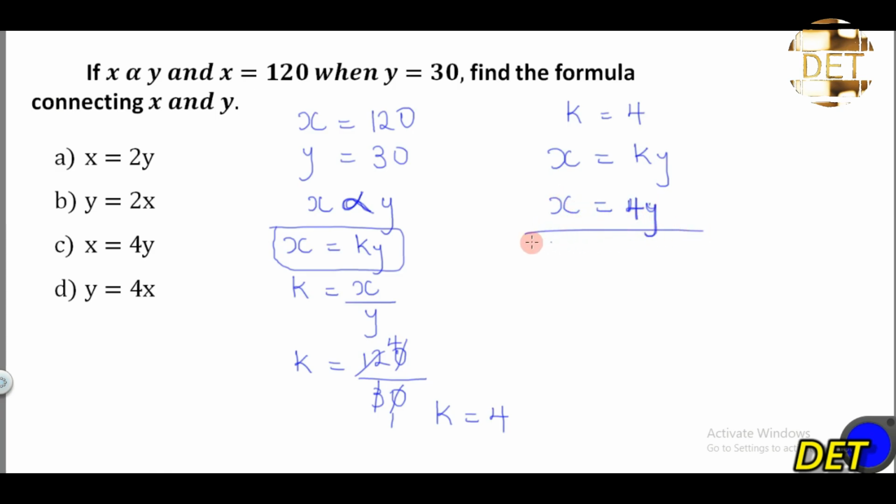This is my answer, the formula that connects X and Y. So the correct option to this question is X is equal to 4Y. That's option C. So option C is the correct answer, right? This is very simple and straightforward.